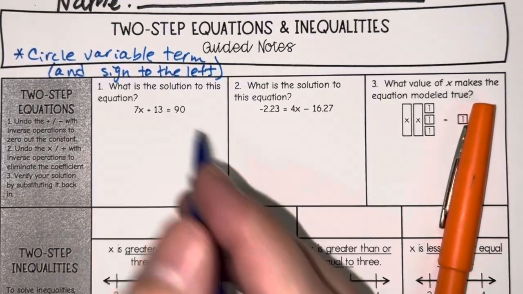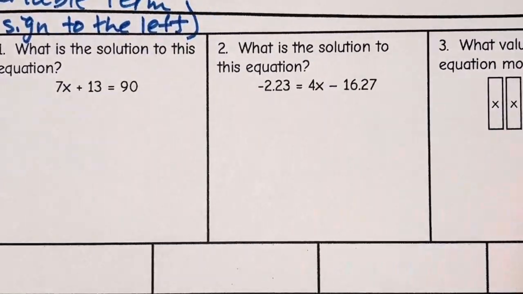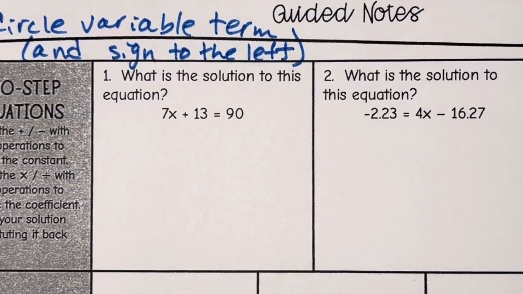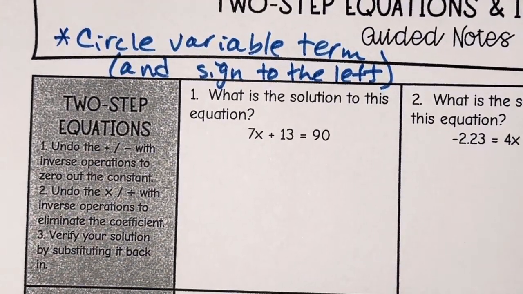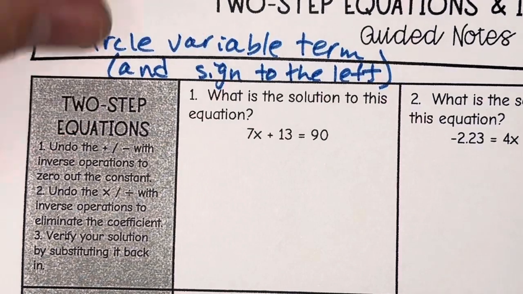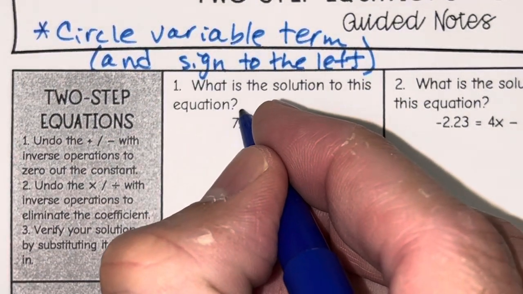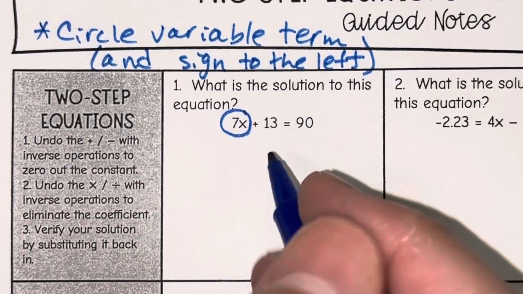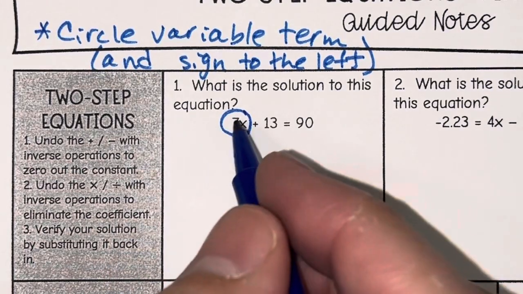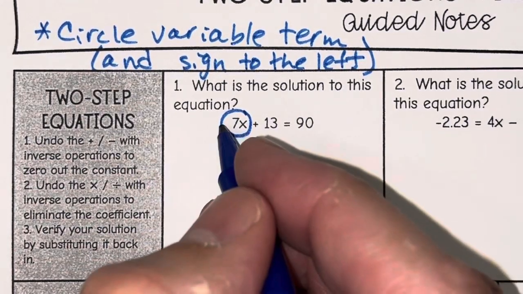So what does that mean for this first example? Circle the variable term and the sign to the left. There is no negative sign, so we'll just circle that.